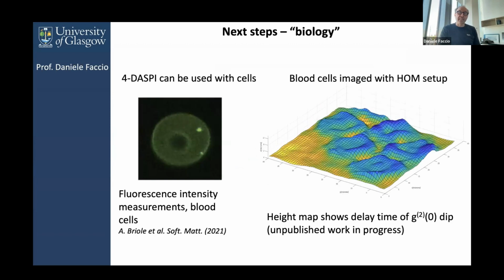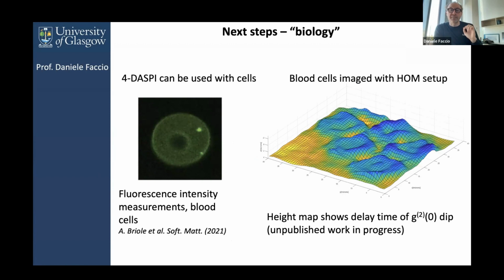So for example, 4-DASP has been applied to the study of blood cells. This figure on the left-hand side is just an intensity measurement, which was reported by a different group, not ours, by Briol et al. in this 2021 paper. What I'm showing you on the right-hand side is not fluorescent for the moment.